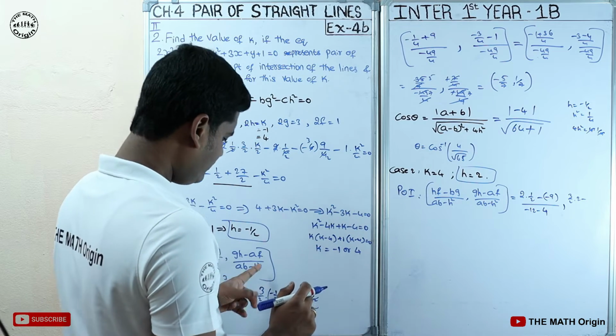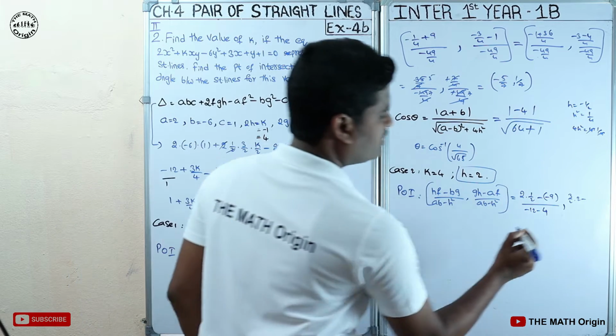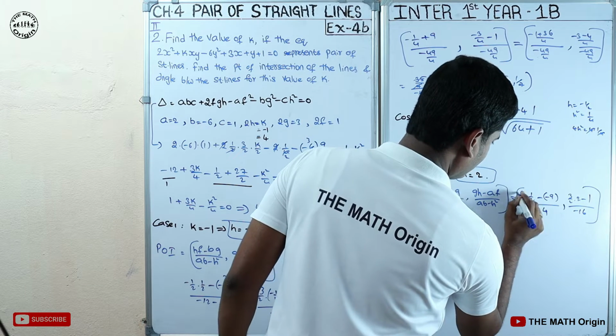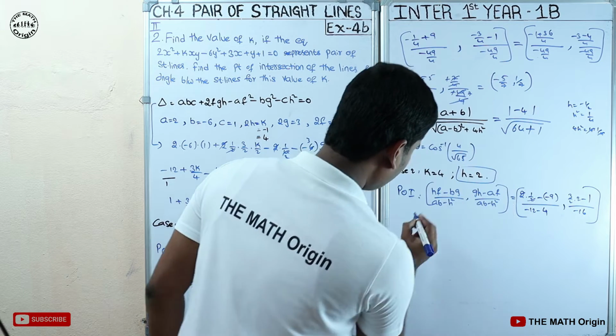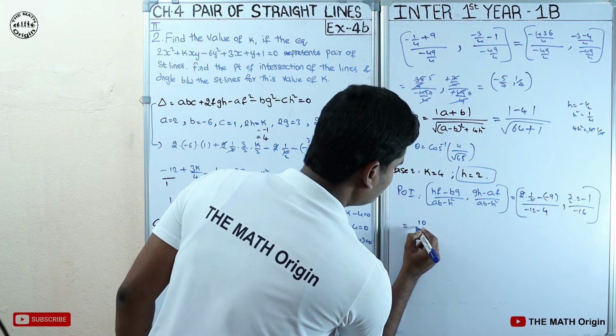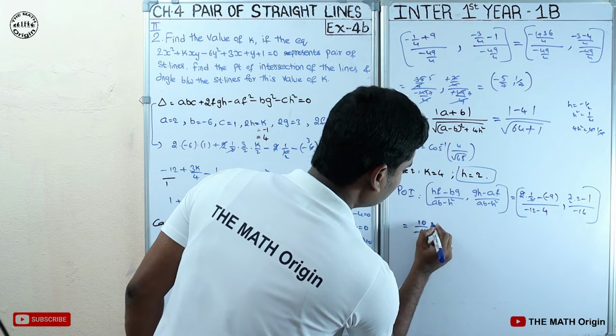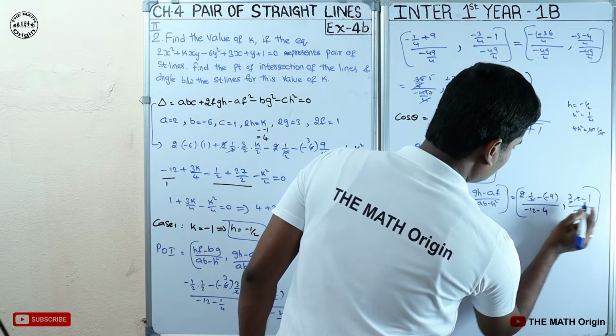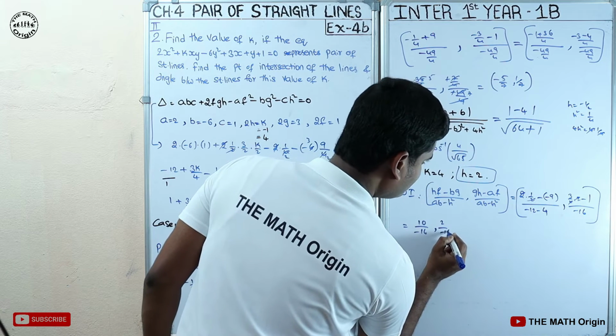The af value we already have, minus 1, whole divided by ab minus h square, that is minus 16. 2 is cancelled. Therefore the point of intersection is 1 plus 9 is 10 by minus 16, comma, 2 cancels, 3 minus 1 is 2 by minus 16.